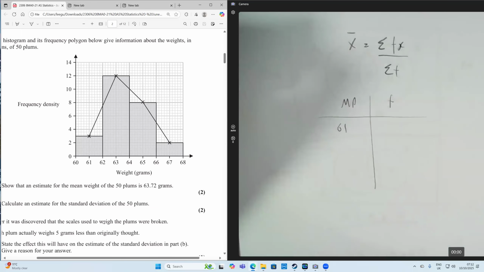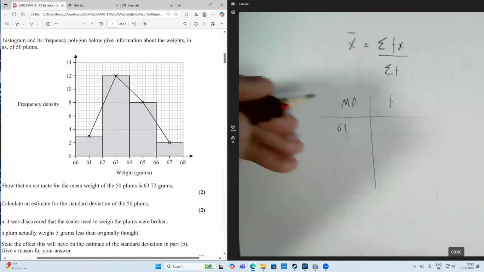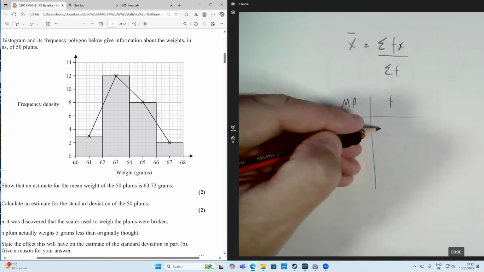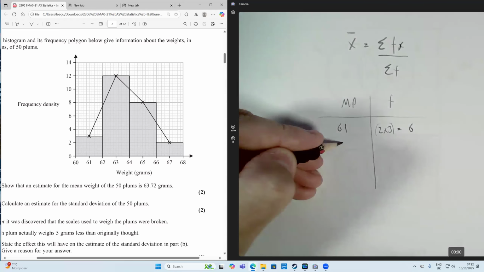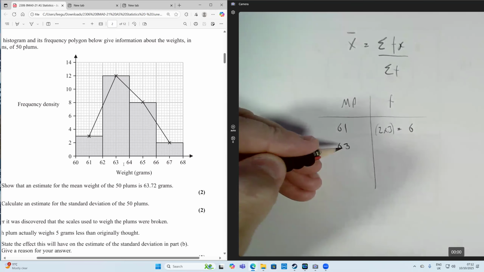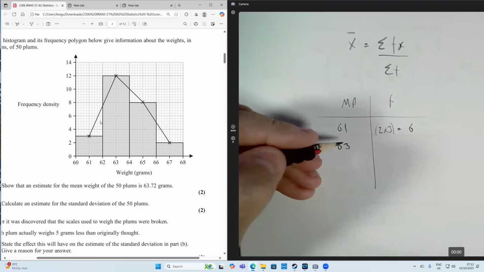Now, what's the frequency associated? Remember, in a histogram, the frequency is given by the area underneath the bar. So we've got to find the area of this. We can see it's 2 wide and it's 3 high. So it's going to be 2 times 3, and that is going to be a frequency of 6. The next one, midpoint is 63. It is 2 wide and it is 12 high.